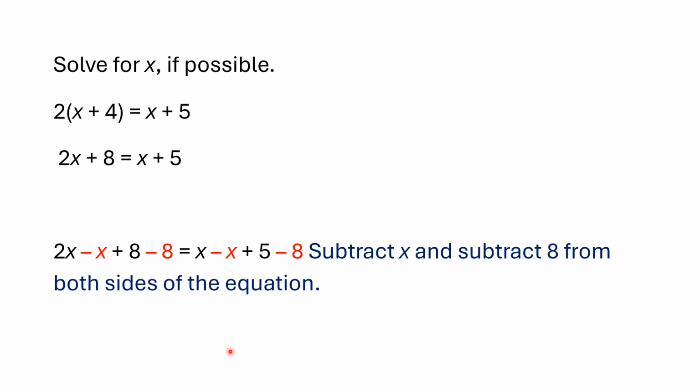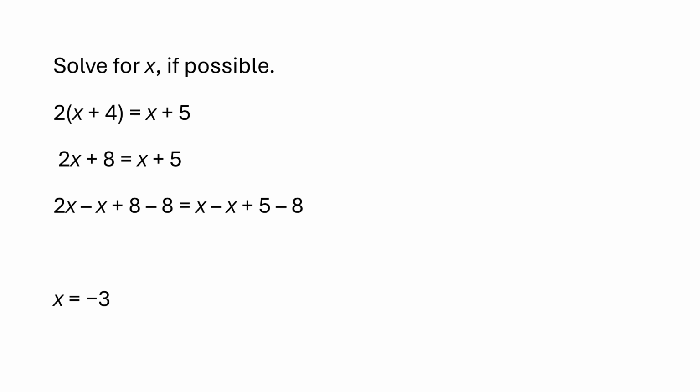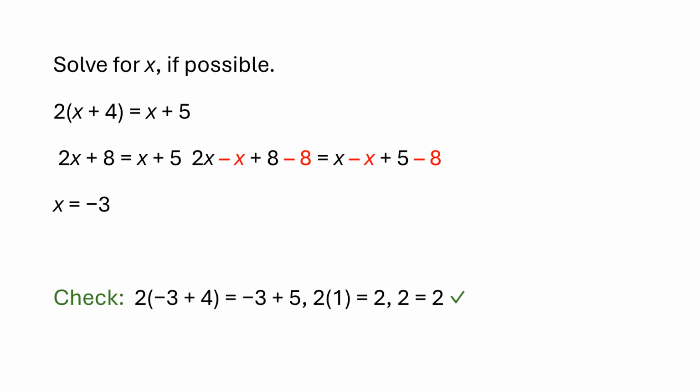Remember, what we do on one side of the equation must be done to the other. So we end up with x equals -3. Again, we want to make sure.